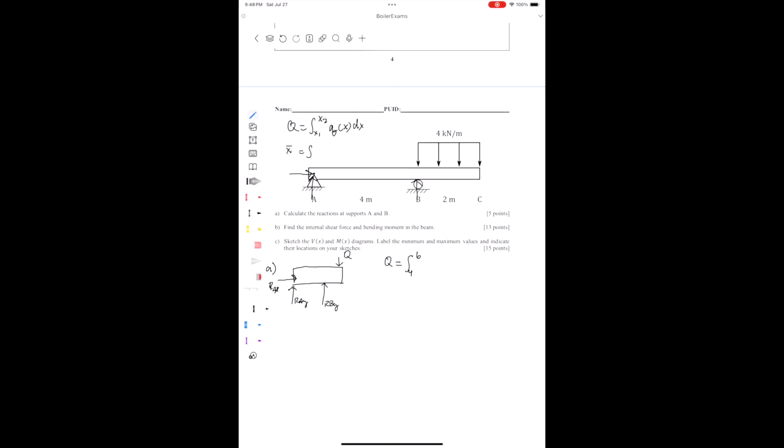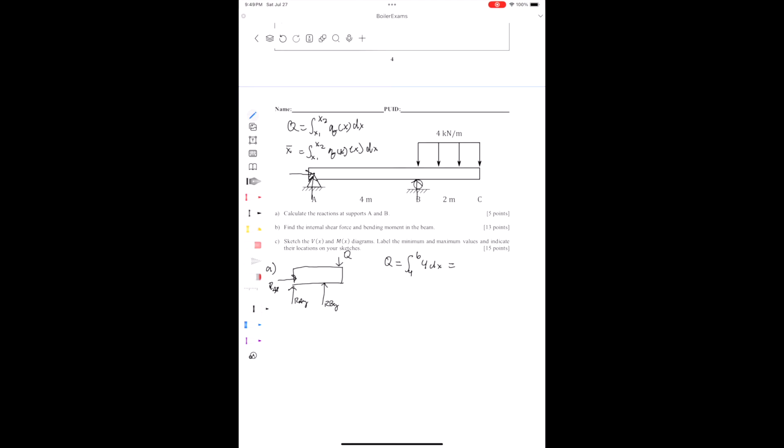And then in order to find the location of that, it's going to be the integral from x1 to x2 of q of x times x, with respect to x, or whatever variable you're using, perhaps they decide to make your horizontal variable something else. But regardless, it's whatever variable you're integrating over that is representative of the length of the beam.